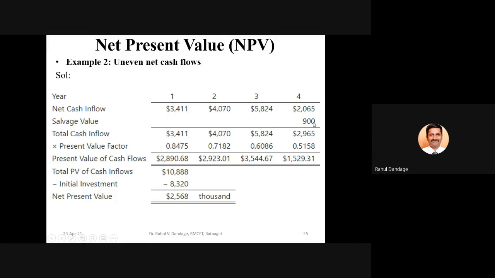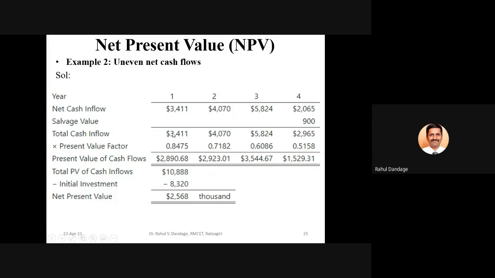It is only applicable at the end of year 4. So the total cash inflow for year 1, 2, 3 is the same as the values which are given. But for year 4, it will be the net cash flow plus the salvage value. So this is 2965 at the end of year 4.